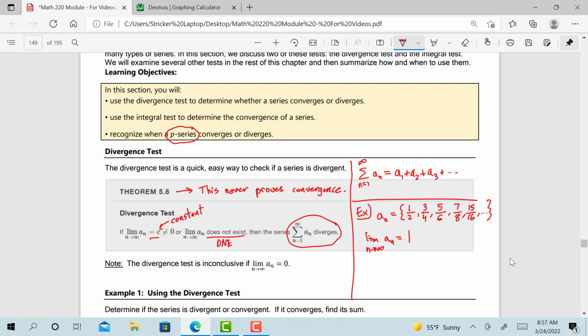Well, what that means is if we take a look at the series, if we go from n equals 1 to infinity of this a sub n, then we have 1/2 plus 3/4 plus 5/6 plus 7/8 plus and so on. And eventually, because all the terms are approaching 1, we just basically keep adding 1 every time.